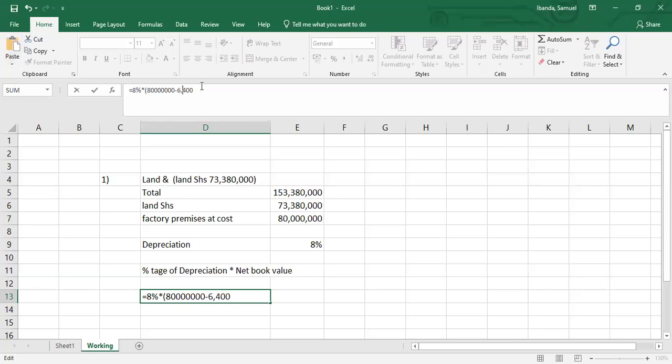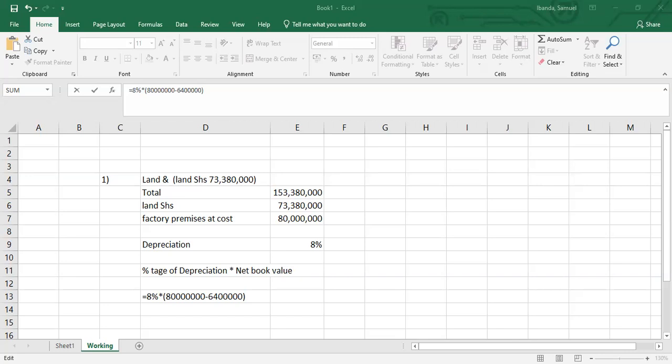I'll just add the 3 zeros. So that's what I have: 8% times 80 million minus 6.4, as it is.